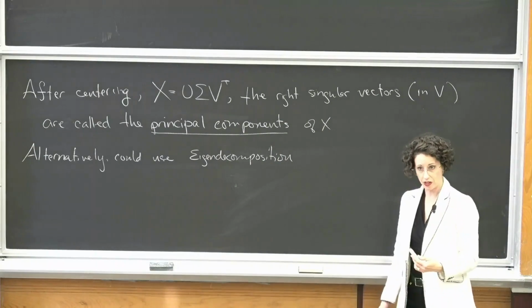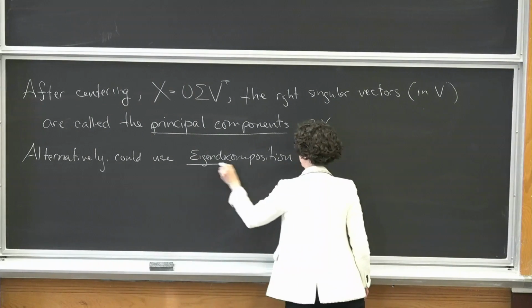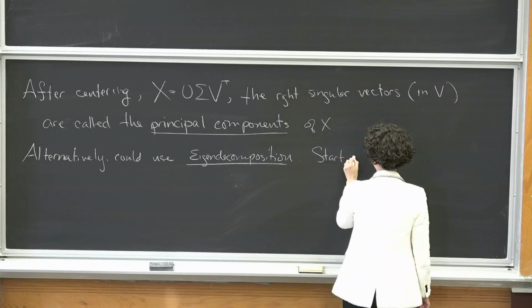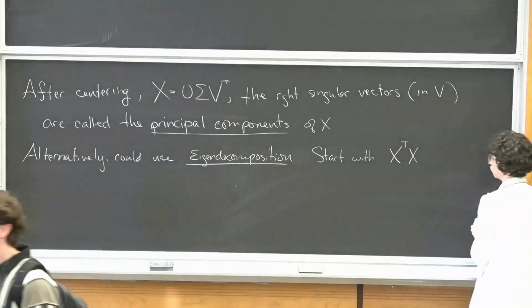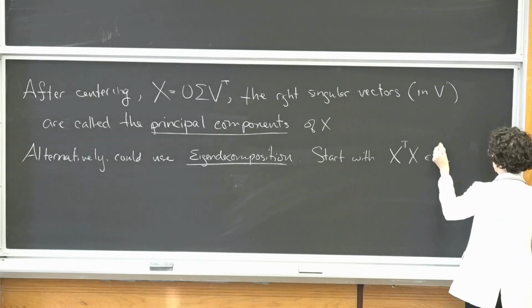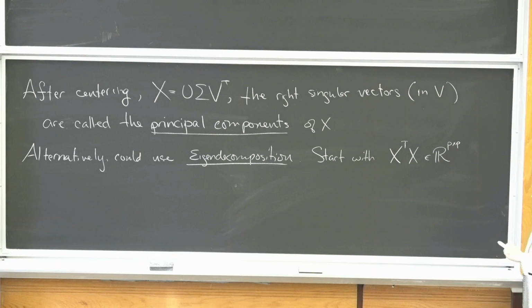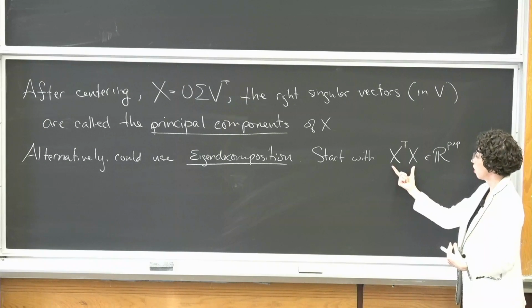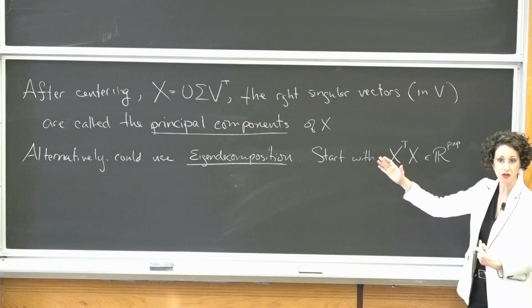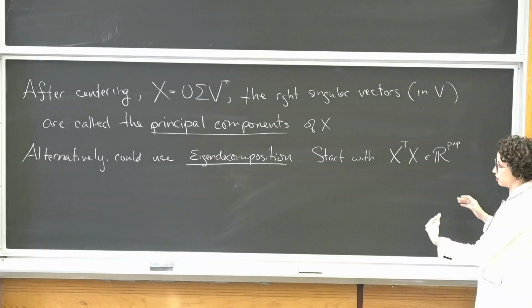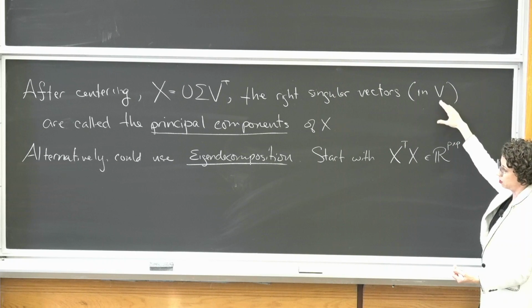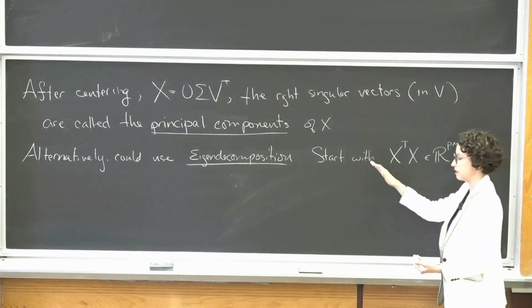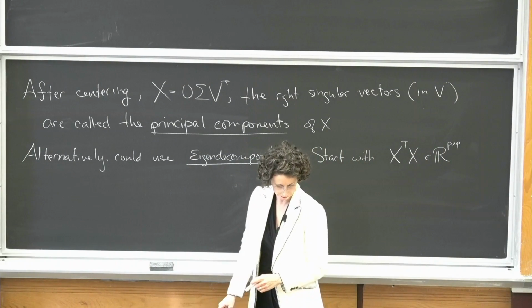Specifically, people will start with the Gram matrix, X transpose X. This matrix is now p by p. And then they will perform an eigenanalysis on this Gram matrix. It's going to result in exactly the same thing. I'm just going to connect the way that we've talked about principal components analysis so far with a very common treatment that you will see in many different textbooks and papers.